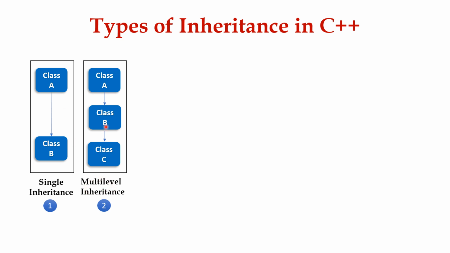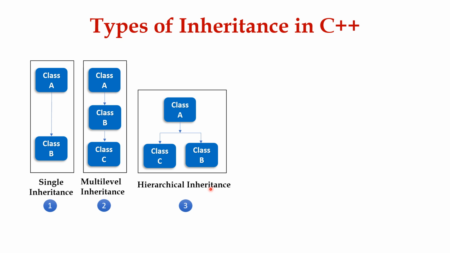Here we have a derived class that acts as a base class, where class B is derived from class A. Now, class B acts as a base class and class C is derived from class B. So, class B acts as both base class and derived class, which is called an intermediate class.